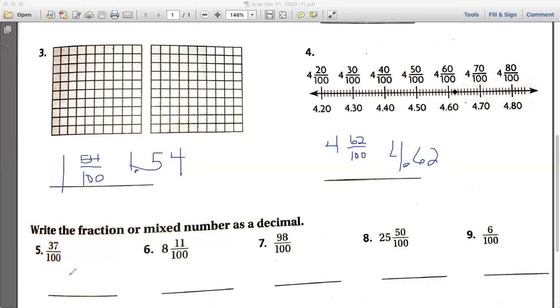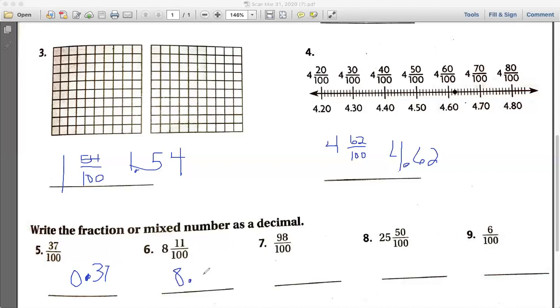All right, let's look at these guys. So it says write the fraction or mixed number as a decimal. Aha, I don't have any wholes over here. Uh-oh, that's a period. Okay, that's a decimal. Okay, 37 hundredths. You just say 37 hundredths. You don't even need to say 0 and 37 hundredths. Okay, oh, we have a whole number here. So we're going to put the 8 on this side.